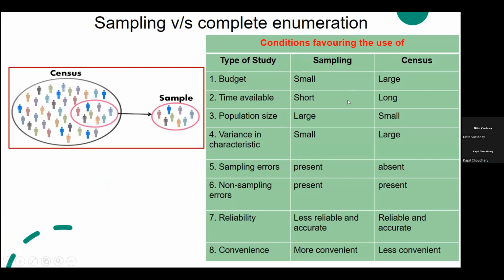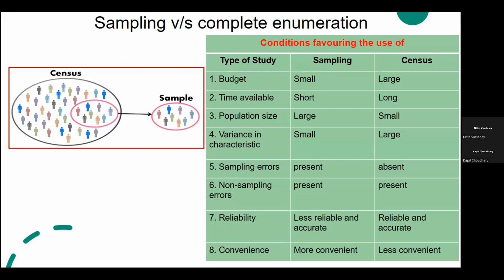Okay, now we will see the difference between sampling and complete enumeration. In a census, we study each and every unit of the population; that is complete enumeration. In a sample, we take only some units.